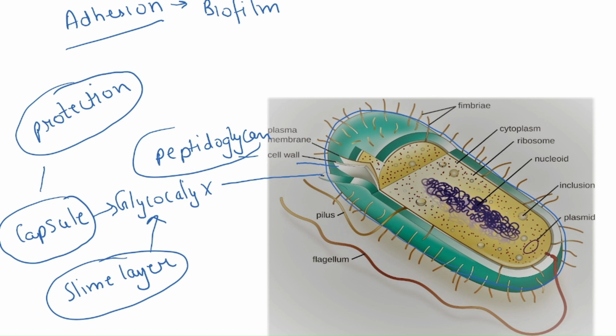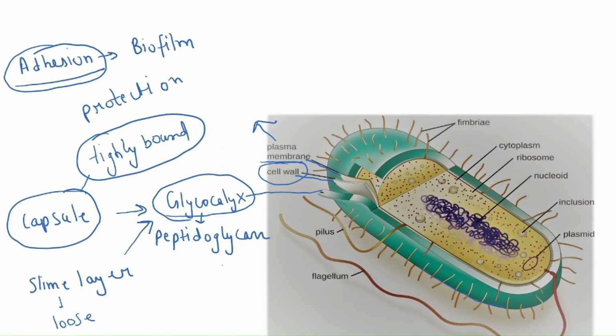Now the third one is the plasma membrane or cell membrane. It is a phospholipid bilayer that encloses the cytoplasm. After this plasma membrane, everything is filled with cytoplasm.